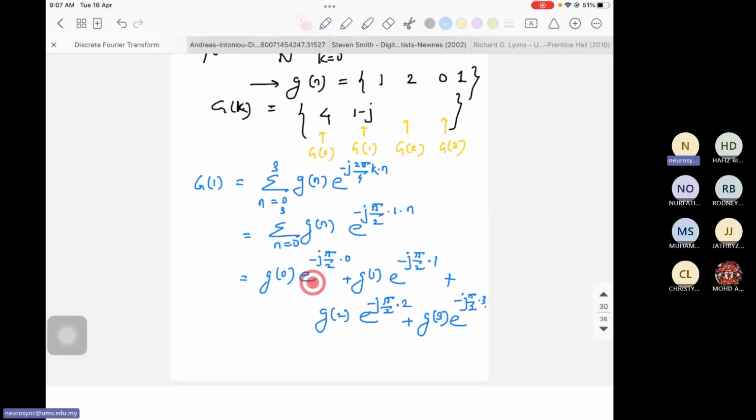So if you solve this, you will get 1 minus j there. Okay. Yes, tell me the third value and fourth value. Is the third value equal to negative j? Third value should be equal to minus 2.